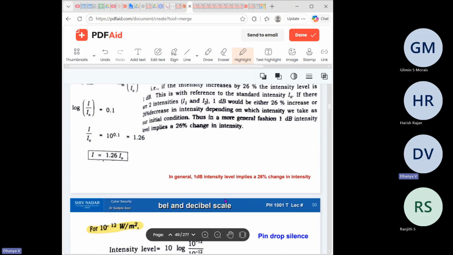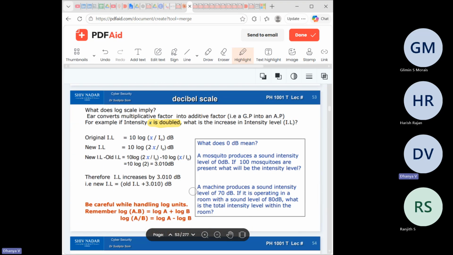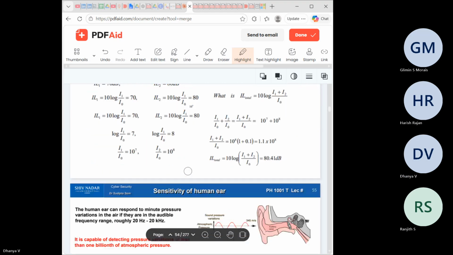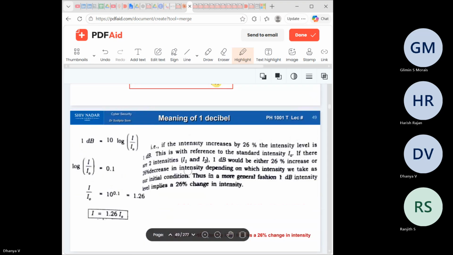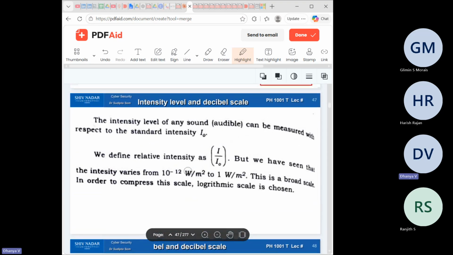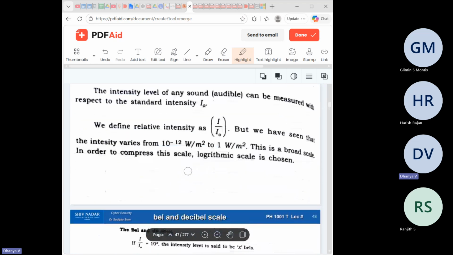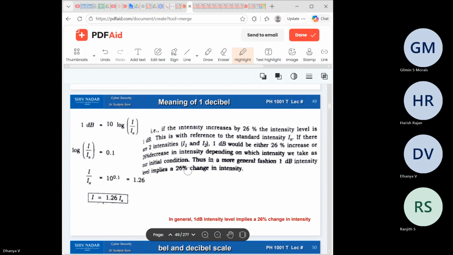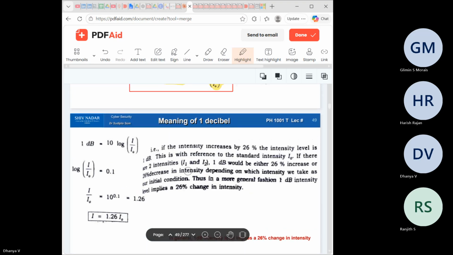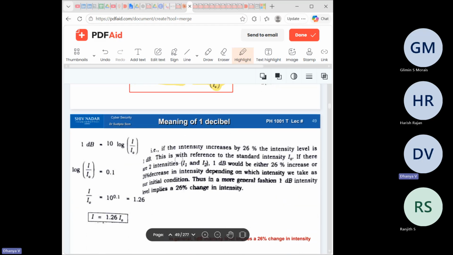And then when you talk in terms of pressures, it will be 20 log P by P naught decibel. That's all. That will be in terms of your pressure.